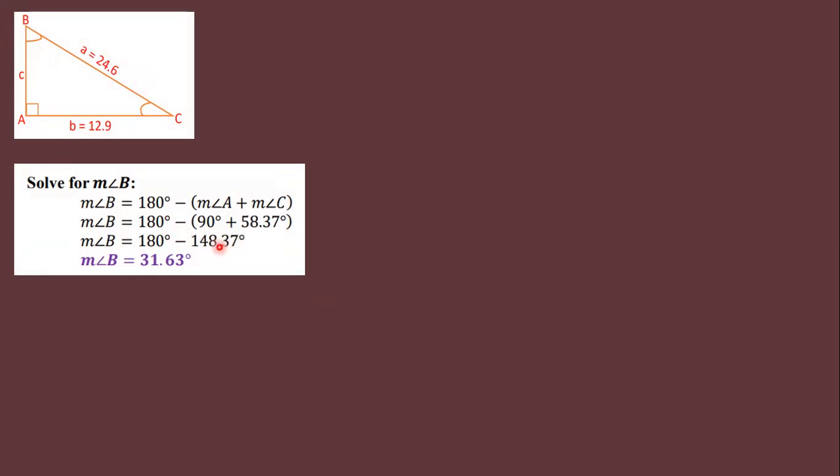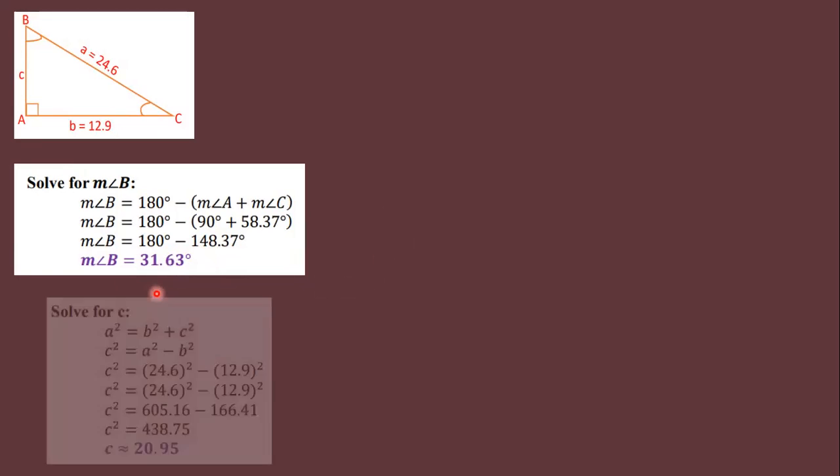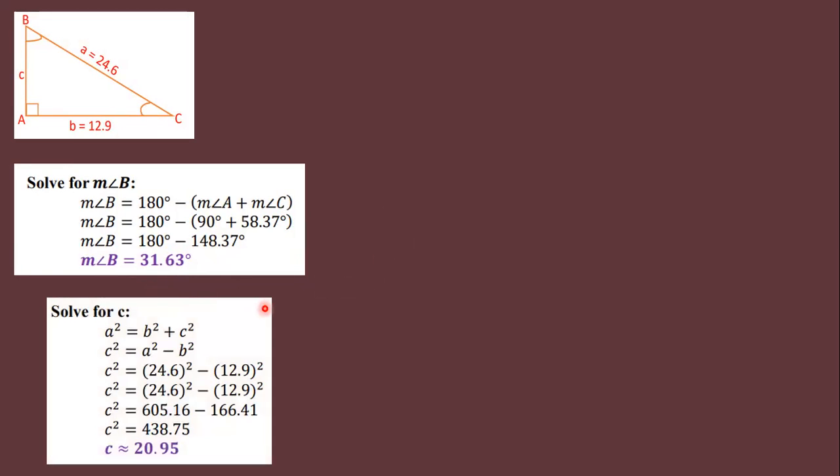So we get for the sum 148.37 degrees. And you are ready to subtract. 180 degrees minus 148.37 degrees is equal to 31.63 degrees. Thus, the measurement of angle B is equal to 31.63 degrees.